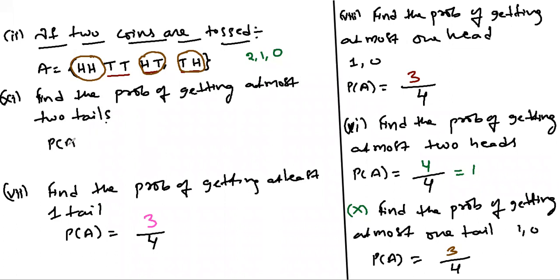So P of A is equal to 4. Now here at most 2 tails. So 2 tails should be the highest. So 2, 1 and 0. So that means 2, 1, 0 we have to take. So you are getting 4 out of 4 is equal to 1. So now if 2 coins are tossed, done.